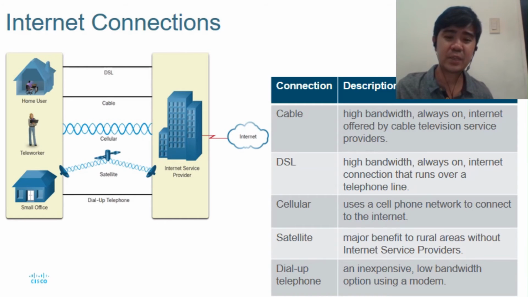Other characteristics of these popular internet technologies will again be discussed in Cisco 3. It will cover the characteristics and specific setup. Cellular, well, the good thing is it's wireless, so no need for installation.